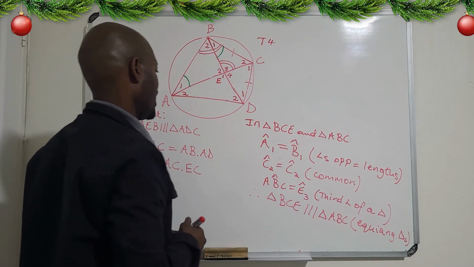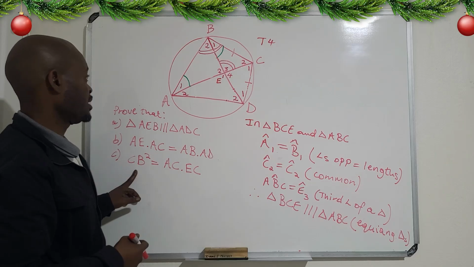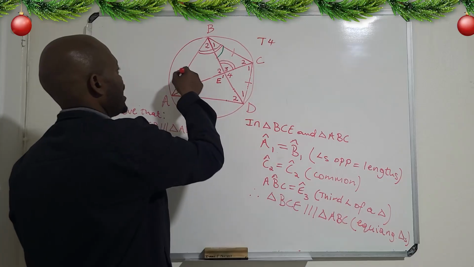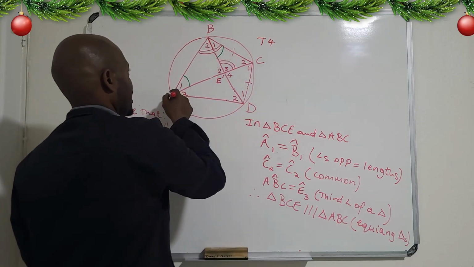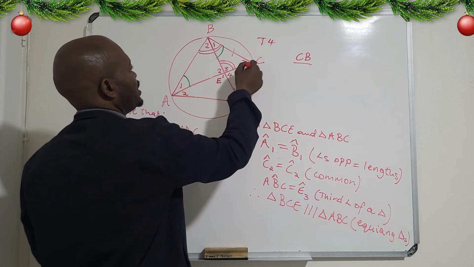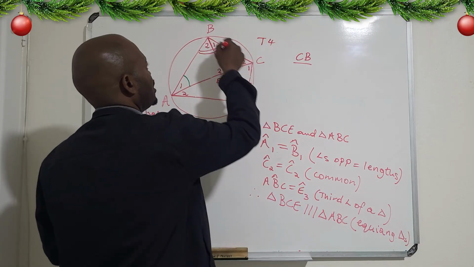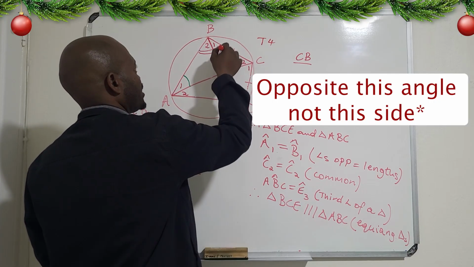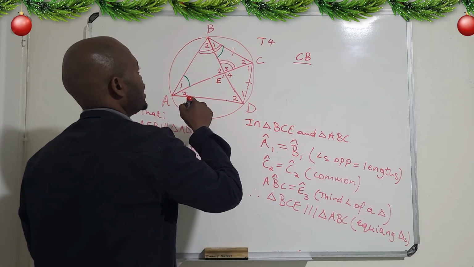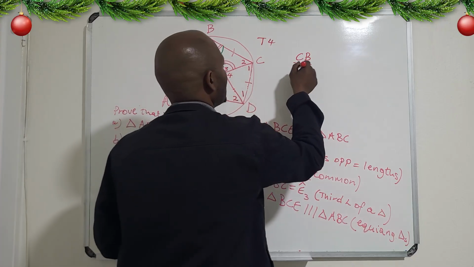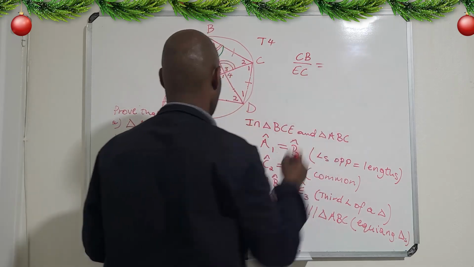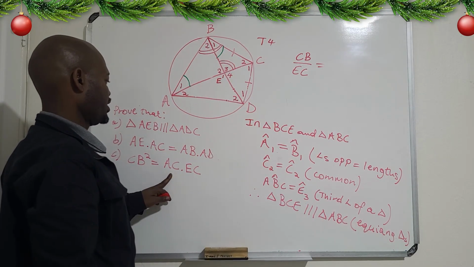Now, obviously, we've got CB, which is opposite this angle in this triangle. CB over, obviously, in this triangle, this side is opposite this side. So CB, which is opposite this angle, is equal to, or over EC, which is opposite this angle in this triangle, is equal to, they want us to say AC.